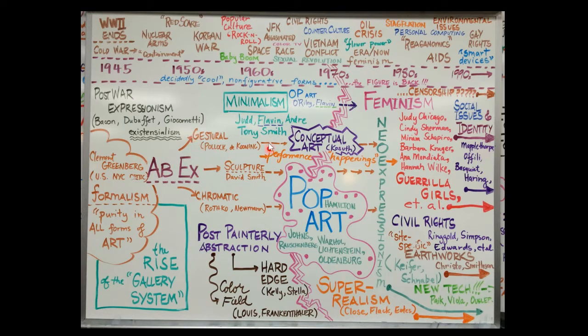So we have gestural abstract expression where you can see the paintwork. You can see the brushwork, and you can very much get a sense of where the artist went and what he or she did next as they moved over canvases, upright or on the floor, and made it really more like performance or action painting.